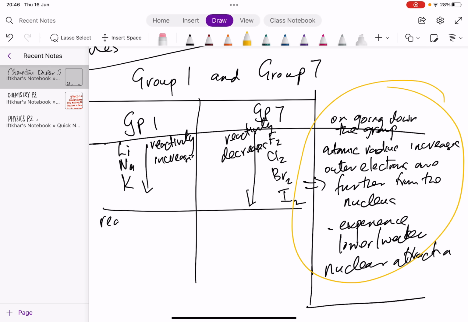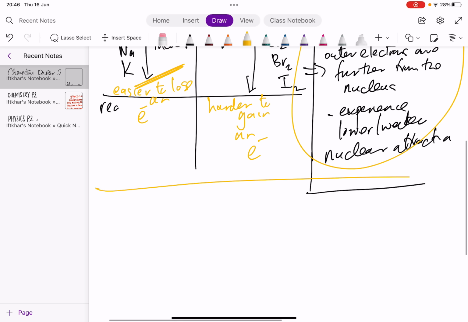Because the outer electrons get further from the nucleus, they experience less attraction, so it's easier to lose an electron in group 1. And for group 7, it's harder to gain an electron. These features are common between group 1 and group 7, which I would mention here.